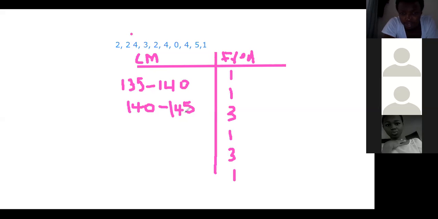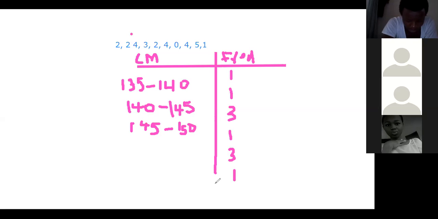So we continue: 145 to 150, and so on and so forth. From there, we come and group it.